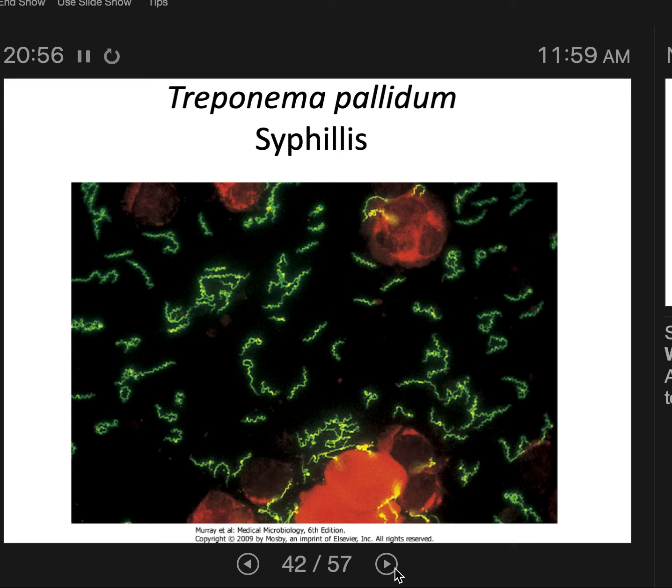And the bacteria that causes syphilis is very, very temperature sensitive. Its temperature range includes body temperature, but its optimal temperature is slightly lower than body temperature.